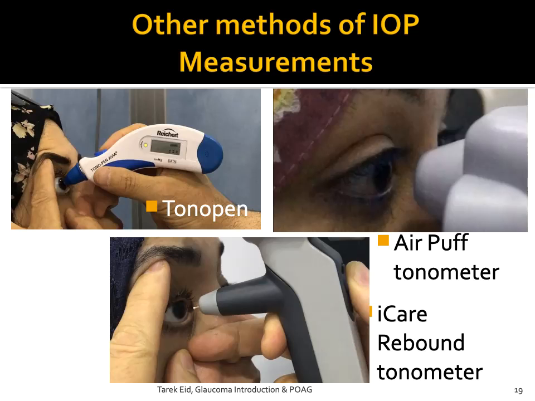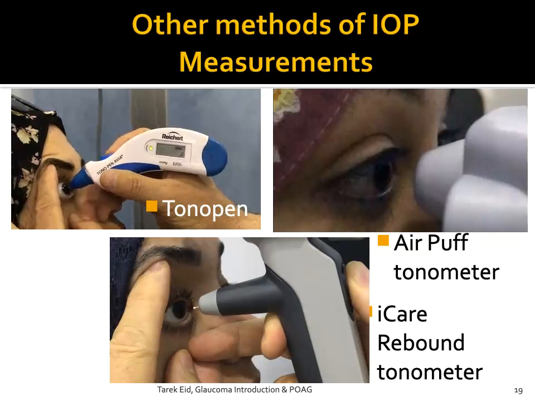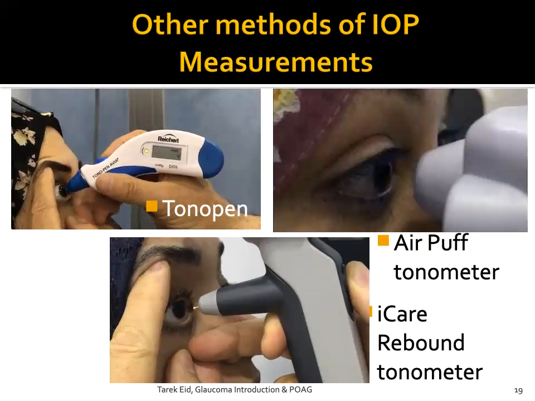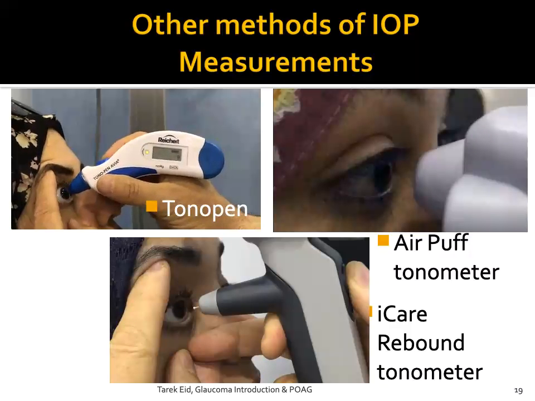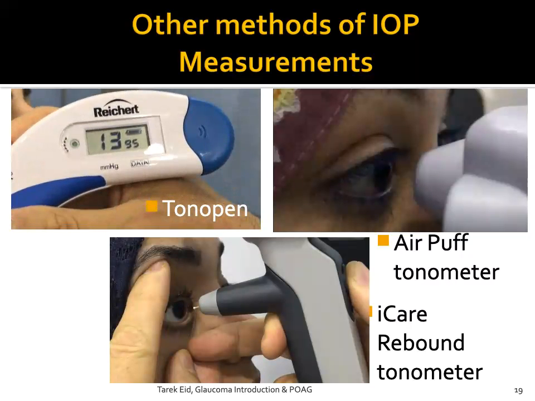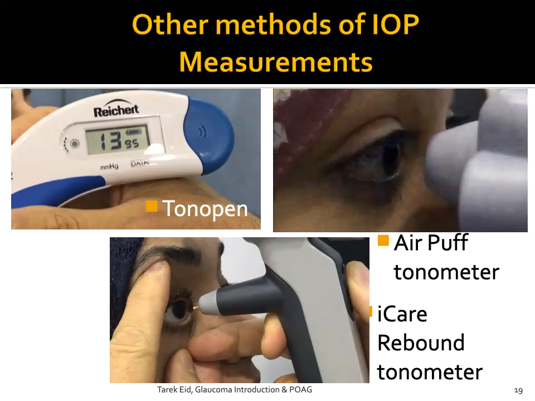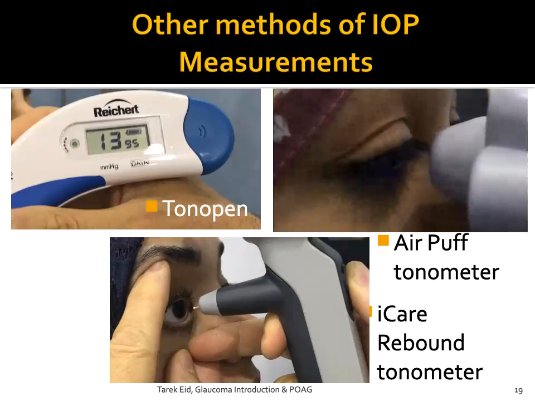Other methods like the Tonopen. This Tonopen is a handheld machine and can indent or applanate only 1.5 millimeters of the cornea, and you can have multiple readings until it gives us the final reading. Also, applanation using an air jet.